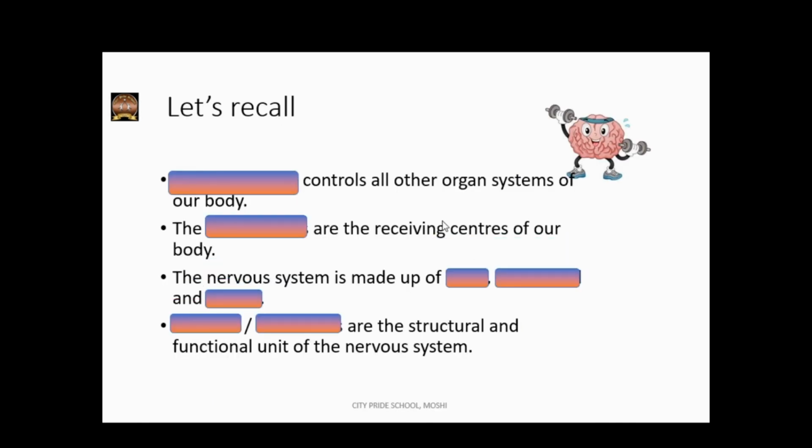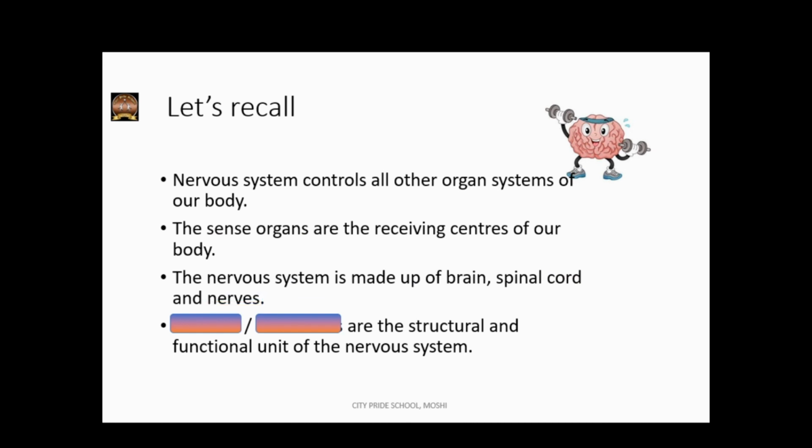Now let's recall what we have learned so far. What controls all the organ systems of our body? Yes, the organ system called the nervous system. What are the receiving centers of our body? The sense organs are the receiving centers of our body. The nervous system is made up of the brain, the spinal cord, and nerves. Neurons or nerve cells are the structural and functional unit of the nervous system.